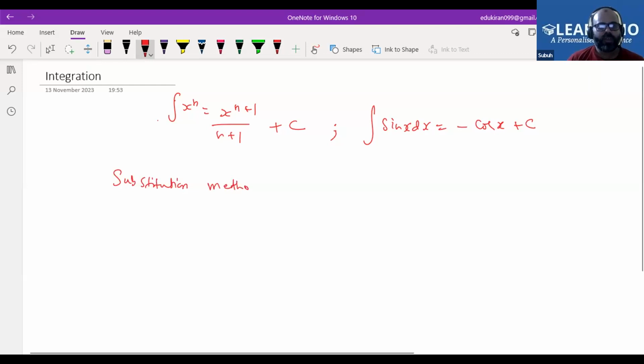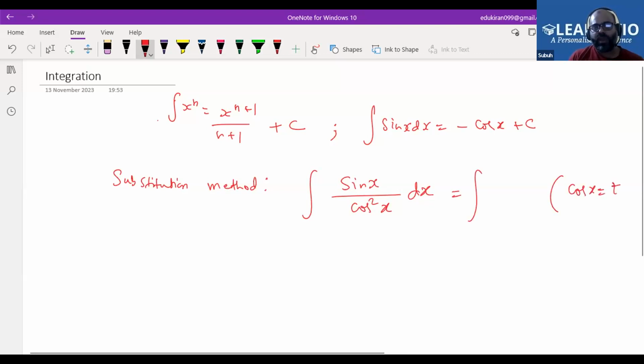So the substitution method helps us. Like we have sine x by cos square x dx, and we have to integrate this. What we do is take cos x as t, and its derivative is minus sine x dx, which is dt. So the denominator is t square and sine x dx is minus dt.